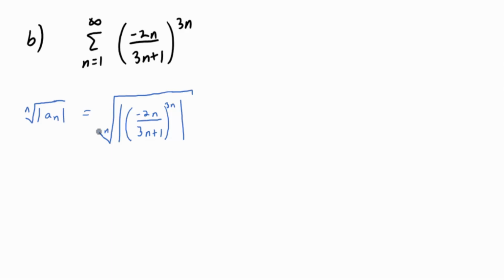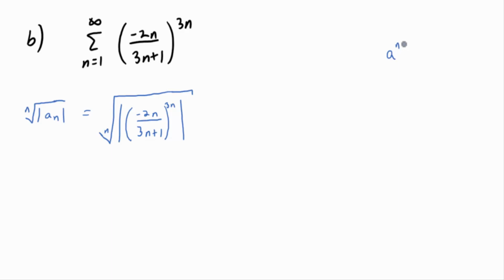Okay, here's the thing. Exponentiation, taking exponents, is multiple applications of multiplication, right? So x cubed means x times x times x. The absolute value splits up over multiplication. So it's okay to say something like this.